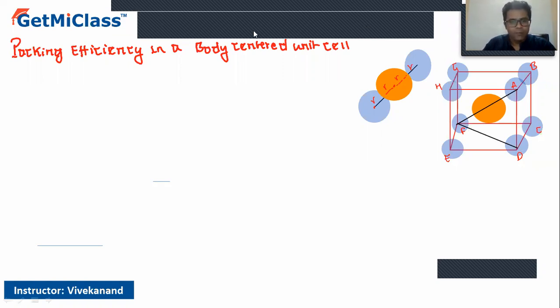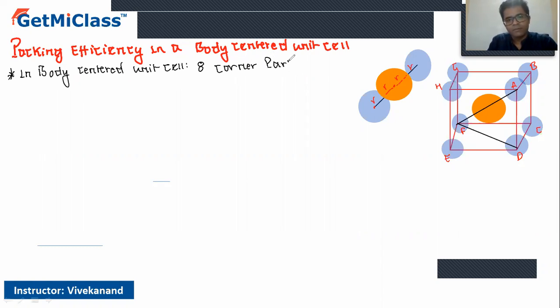All right. Now, when we are speaking about a body-centered unit cell, what we have is that there are 8 corner particles. Now these 8 corner particles are each going to contribute 1 by 8 parts.